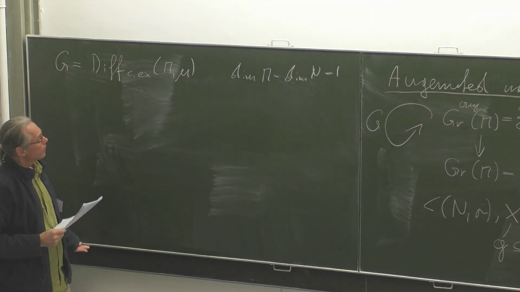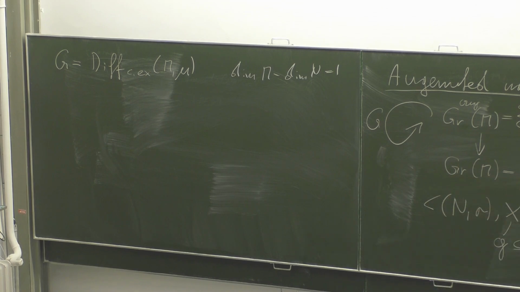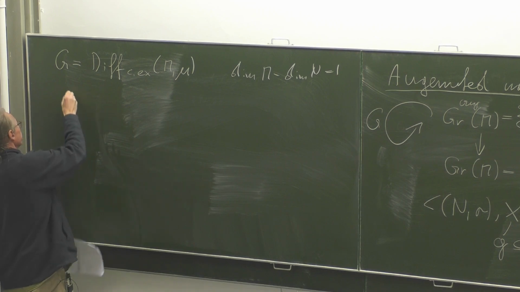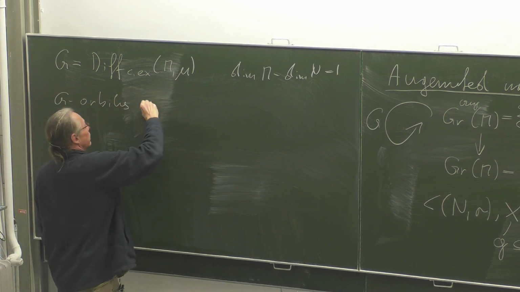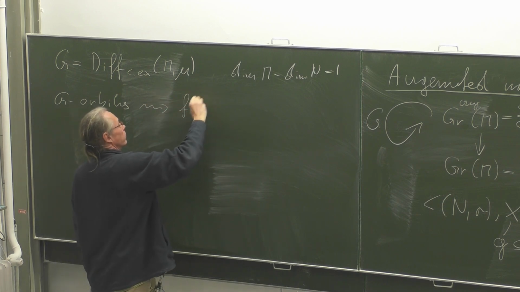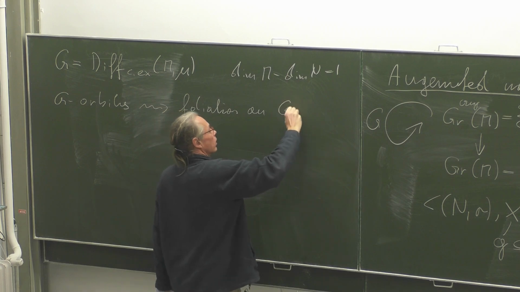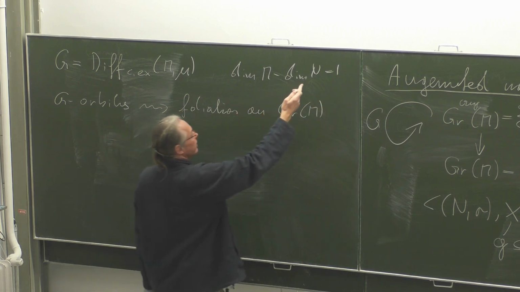And here we have a foliation too. The G orbits give you a foliation on the Grassmannian, well, of this type.